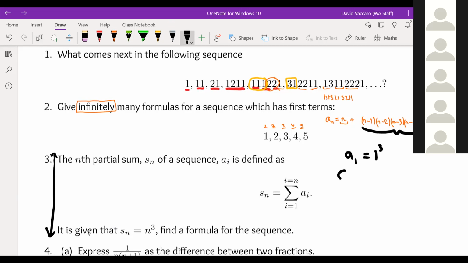cubed. We know that the sum of the first two terms, A1 plus A2, is equal to 2 cubed, which is 8. And we know that the sum of the first three terms, A1 plus A2 plus A3, is 3 cubed, which is 27.